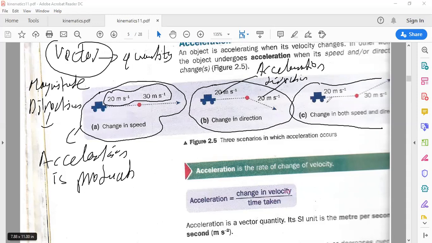So the acceleration is produced due to both change in speed and direction. Is it clear? Is this whole scenario clear? A, B, and C. Is this clear to everybody? How acceleration is produced in each and every part? Okay.